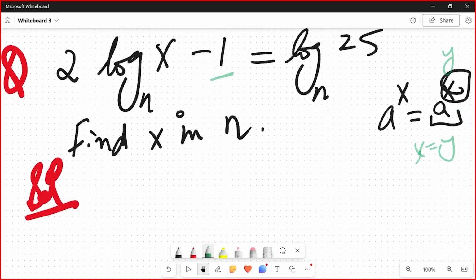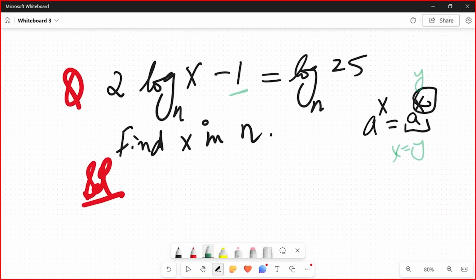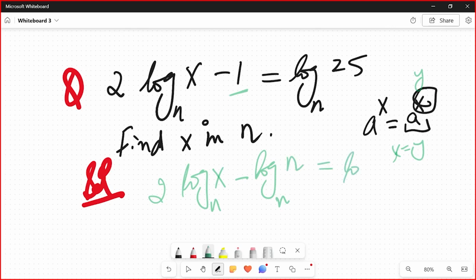So we say 2 log of x to the base n, and we can write 1 as log of n to the base n, because then it would be 1. Is it okay? That's why we are doing it, because that would help us.